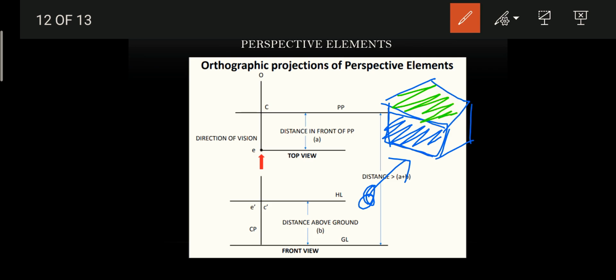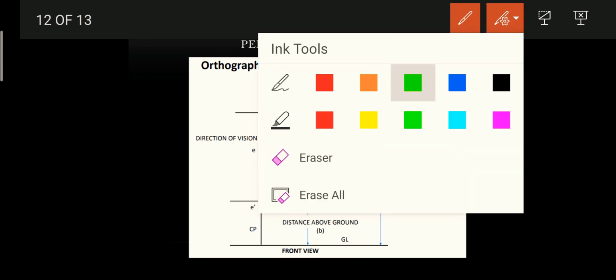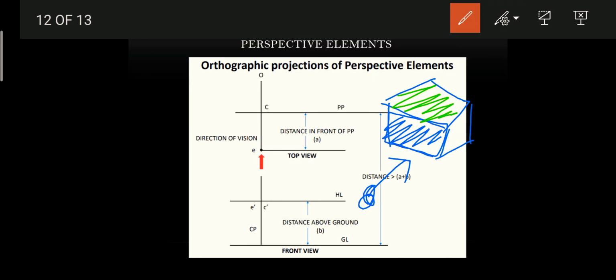And how you can draw this: this is the front view of this object, and this is the top view of this object.